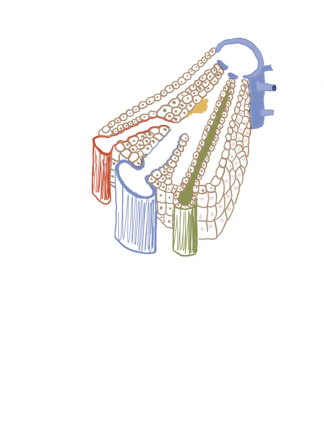Okay, so let's start with the blood that is entering the sinusoid. If we start here, first of all, we've got our hepatic artery. And what we need to recognise here is this is going to have a thicker wall because it is an artery, so we'll try and represent that here.